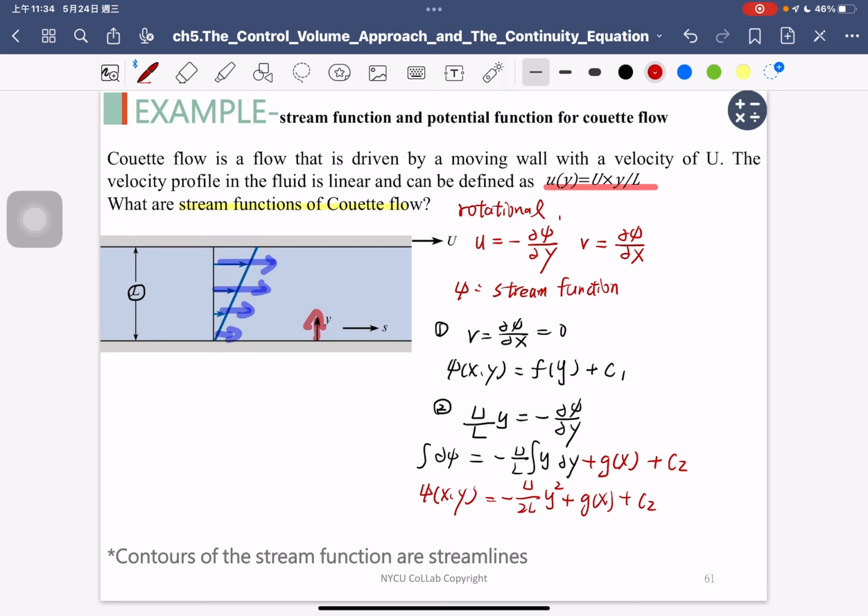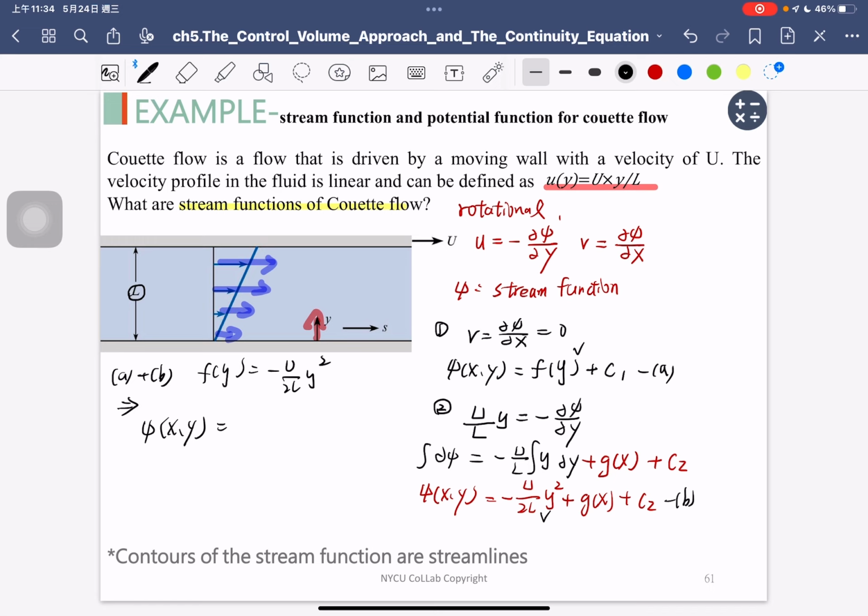So you can compare the two equations, a and b. So you know that the ψ function of y and x, and you have the y function here, so you know that f(y) should be equal to minus U/2L times y squared.